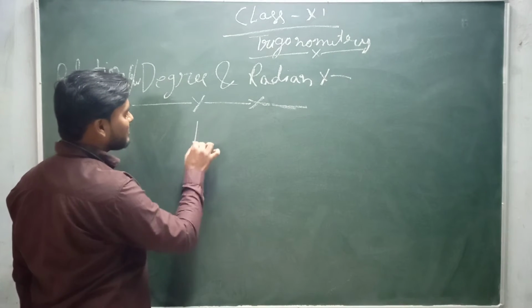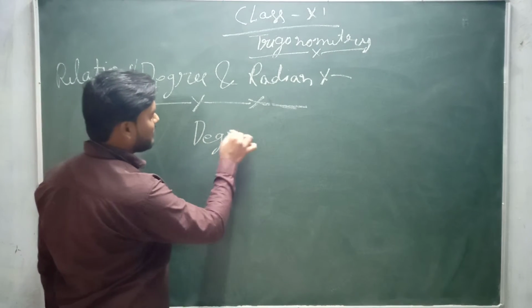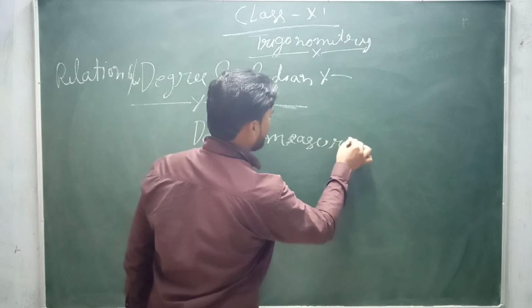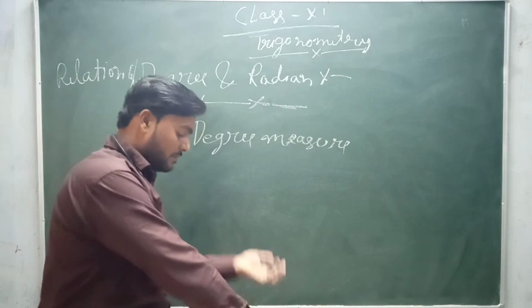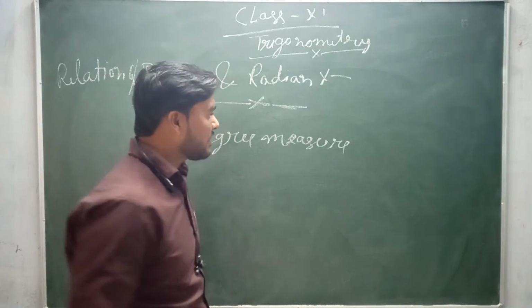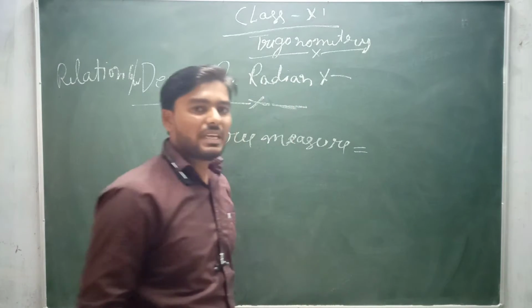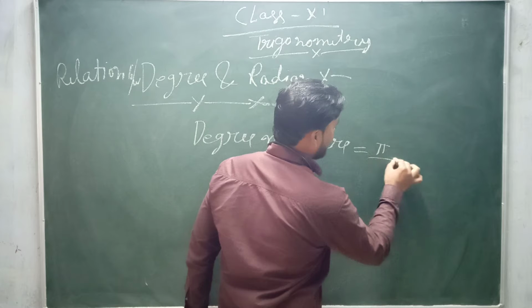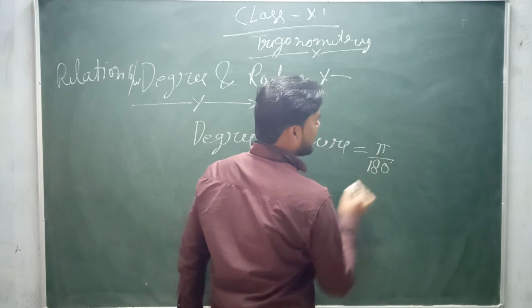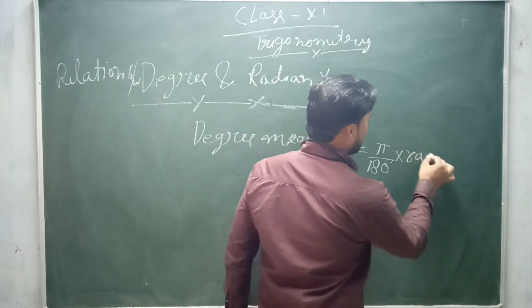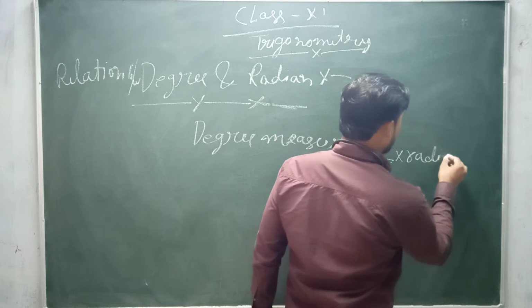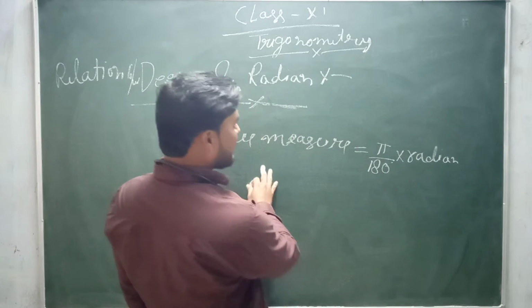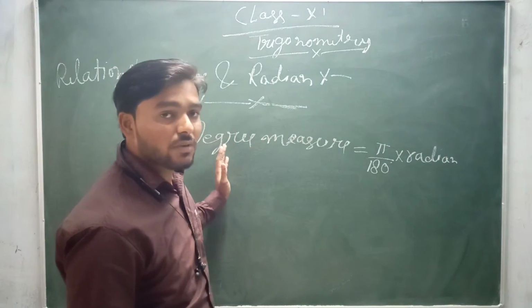For the degree measure, we have to multiply by pi upon 180 degree into radian measure.